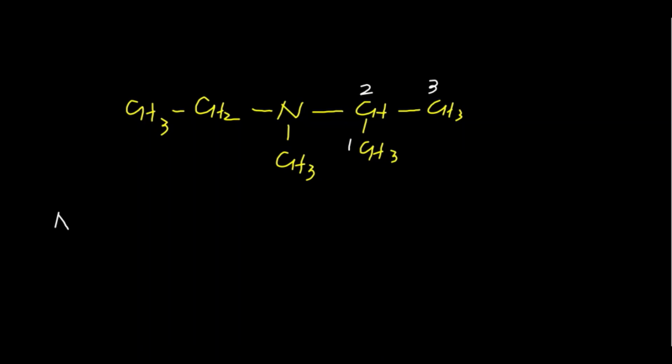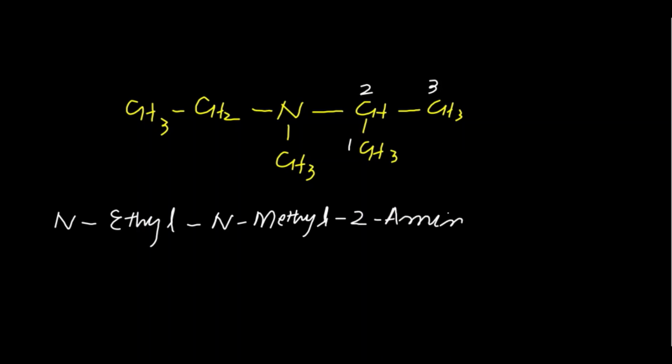It would be N-ethyl, N-methyl, and what is the name of the parent chain? 2-aminopropane. N-ethyl, N-methyl, 2-aminopropane. I hope IUPAC rules are clear to you, students.